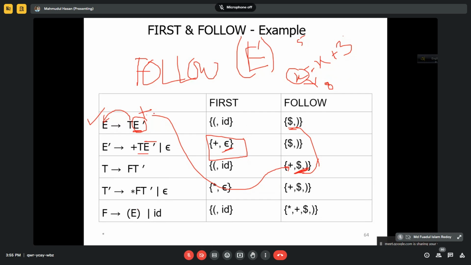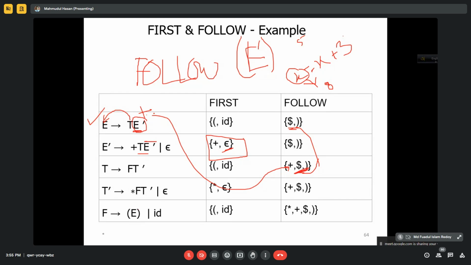So there are actually 3 main rules I already discussed. Suppose you are trying to find out a follow of non-terminal. That means you need to look at the right hand side. And how many places that non-terminal is present you need to identify. Then you need to look at the next character of that non-terminal. If the next value is terminal, so there is the follow value, no problem.